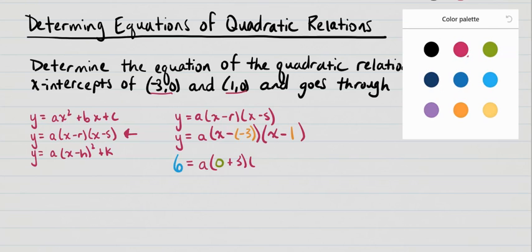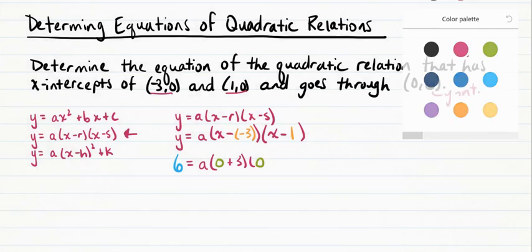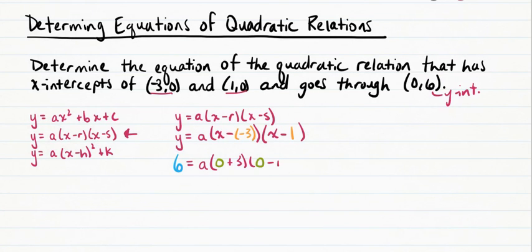Then here we have another x, so we substitute in that 0 there as well: 0 minus 1 for that second bracket. Now if we simplify and rearrange, we can solve for a. We get 6 equals a times 3 times -1, so 6 is equal to a times -3. Dividing both sides by -3, we get a is equal to 6 divided by -3, which is -2.